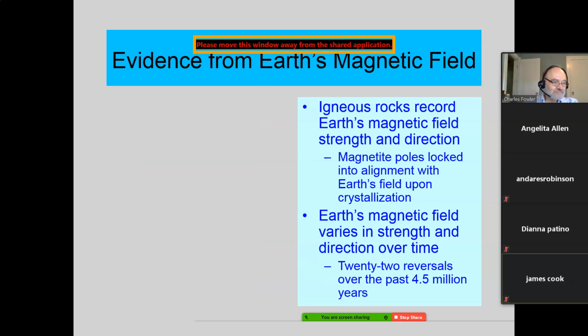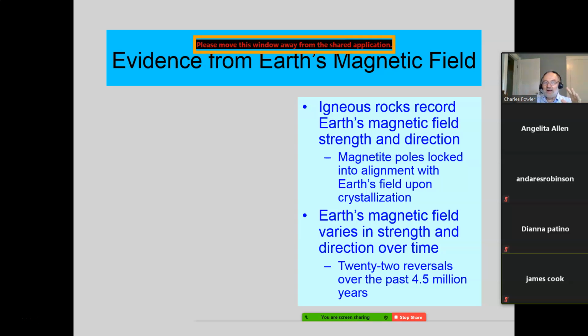Now, what's evidence of this happening? We'll look first at the Earth's magnetic field. Now, it's going to take them a while to put this together. Okay, they're going to give you little bits and pieces now, and it might not be entirely obvious how in the world all this works. But here's the fact.